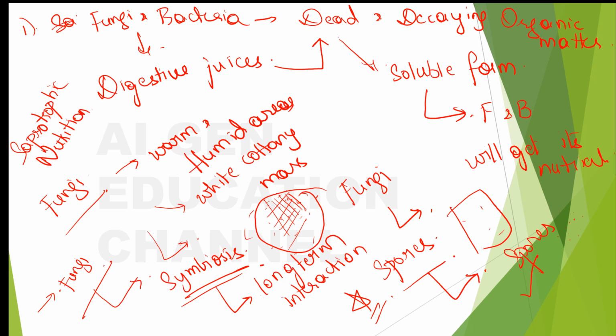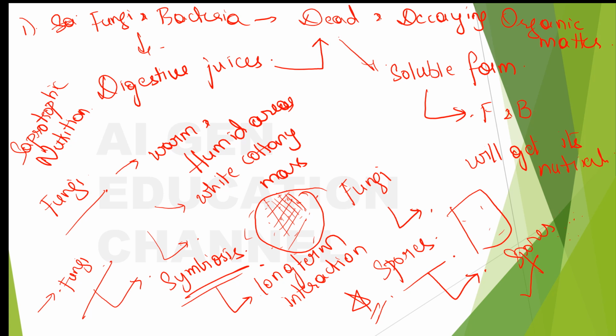So these two will share their advantages, or whatever this one needs, the other organism may give in that manner. They will share the nutrients, or one organism may provide shelter and the other organism may provide nutrients. In that manner the sharing will take place.